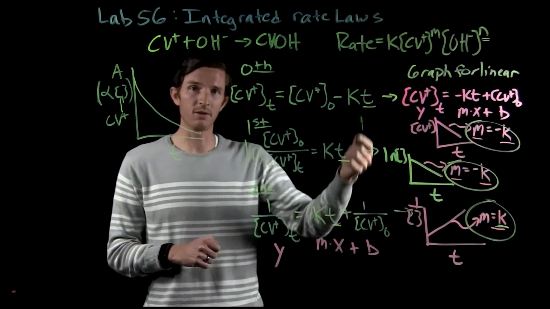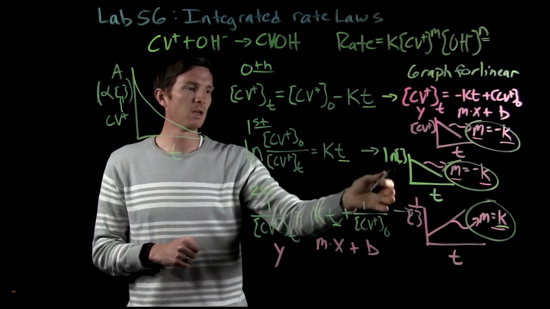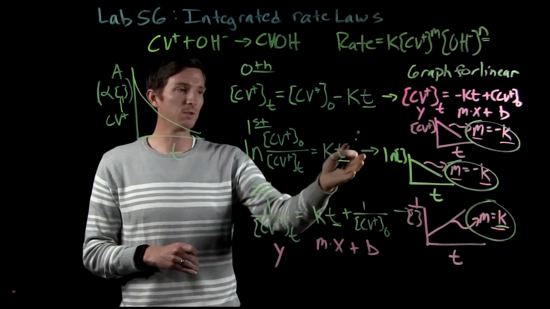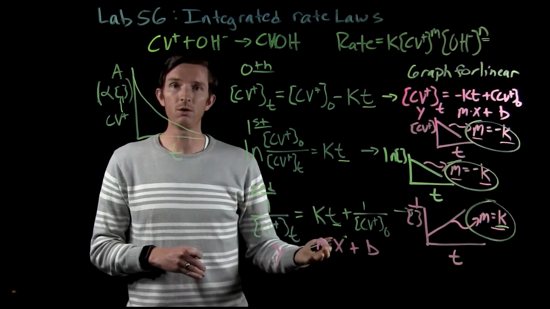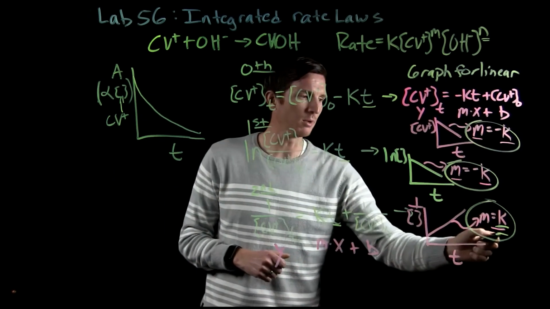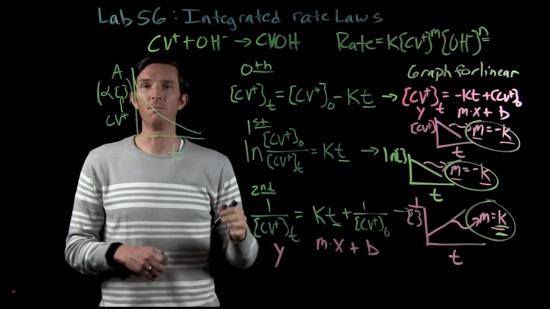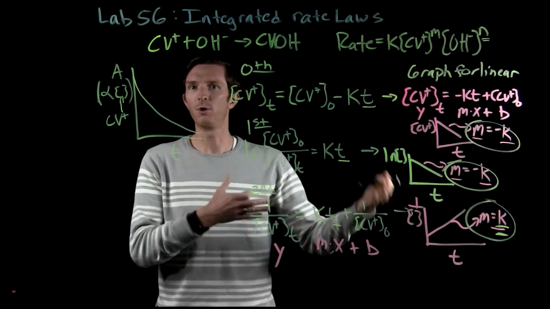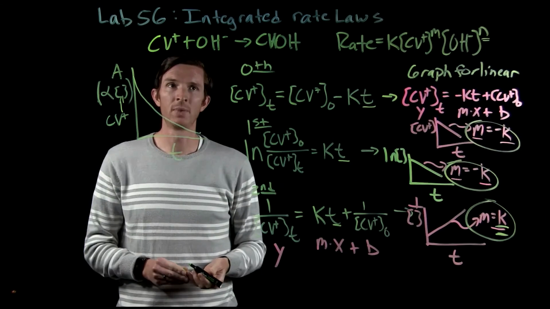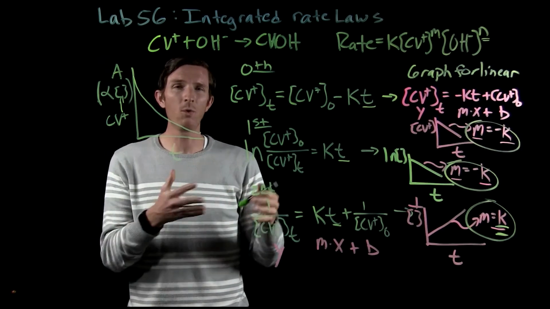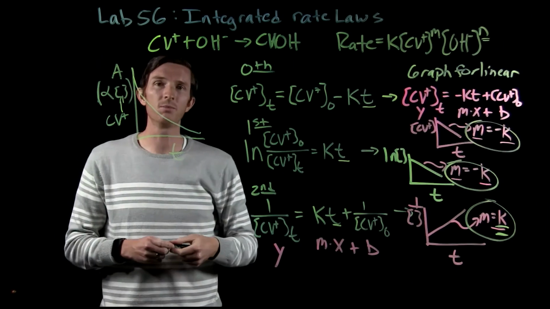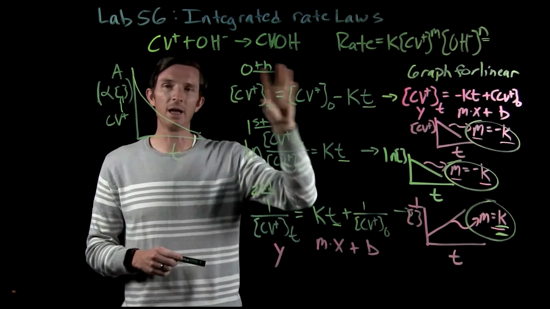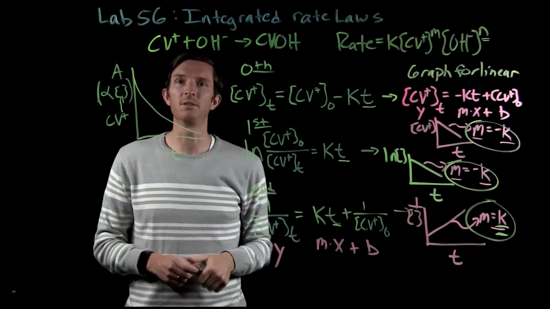So looking at these different temperatures, all we have to do is graph these relationships, and once we've determined, maybe, it's second order, I could graph all the second order relationships, and that's going to tell me all my rate constants for my 10 degrees Celsius reaction, 40 degrees Celsius reaction, etc. So hopefully this gives us a good idea of how we are going to accomplish the task of determining the order with respect to crystal violet this week, as we look at these different relationships and these different graphs that we're going to do.